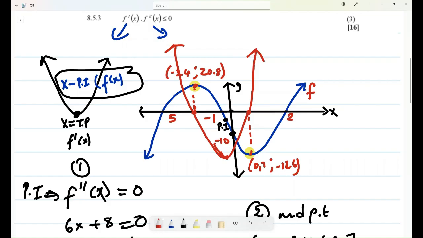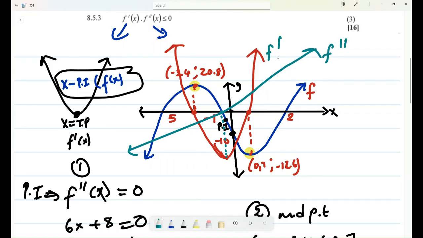Then how is my graph of the second derivative, which is my straight line? This point here is going to be my x-intercept somewhere here, then it's going to be an increasing part like this. So this is my second derivative.